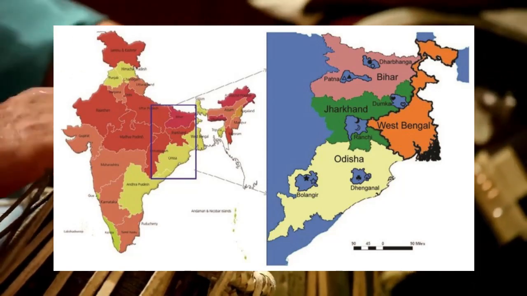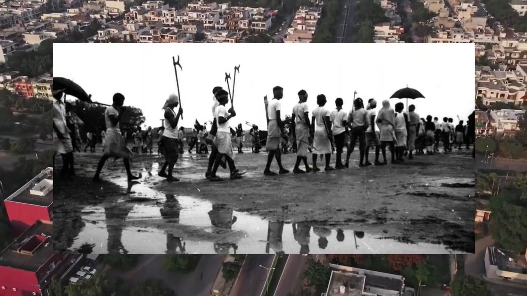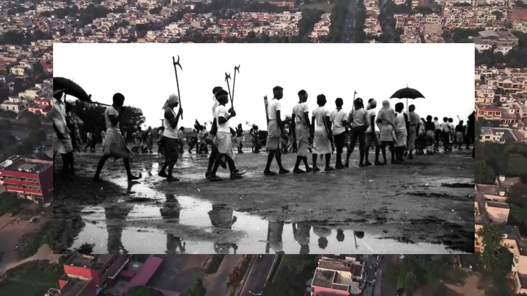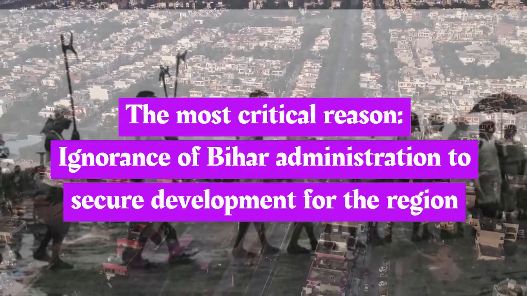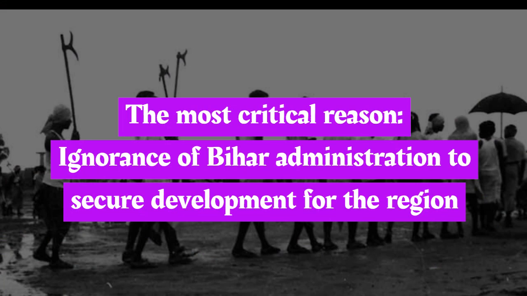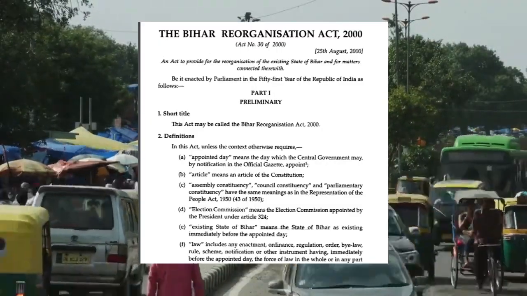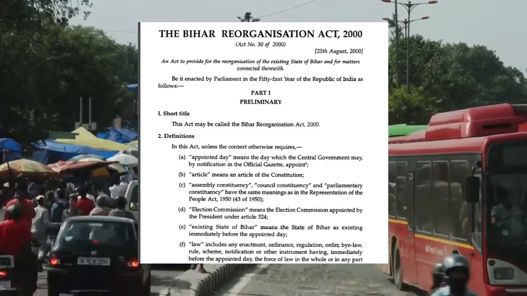It was claimed that the Adivasis and scheduled tribes were extremely discontent with the Bihar administration, who had conveniently ignored the region and failed to bring any development to this part of the state. There were also incidents of armed insurgency due to inaction from the central government. However, all this ended in carving of Jharkhand out of Bihar in 2000.